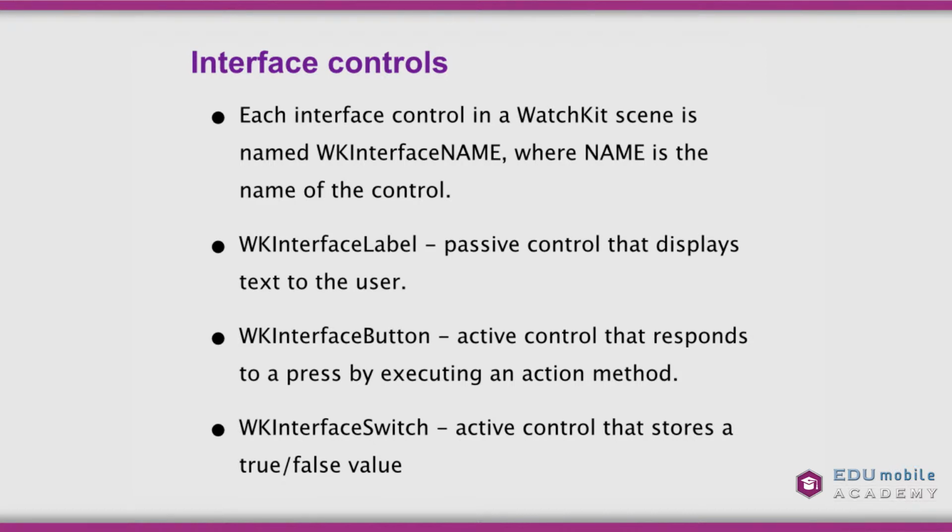It's a passive control that displays text to the user. Now we can send text from the WKInterfaceController and change the text in a label just as we might from a view controller. WKInterfaceButton is an active control that responds to touch events by executing an action method. WKInterfaceSwitch is an active control that stores a true-false value, and we can also respond to a change in that true-false value.